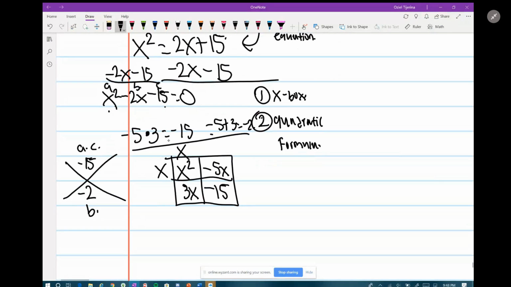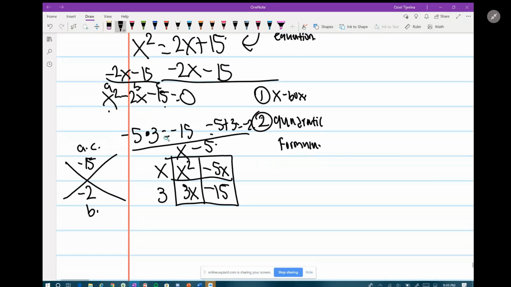So we go ahead and put our multiples right here. To get x squared, we do x times x. And then to get to 3x, we multiply by 3 and x. And then we say x, and we're trying to get to negative 5x, so we multiply by negative 5. And over here, 3 times negative 5 is negative 15.